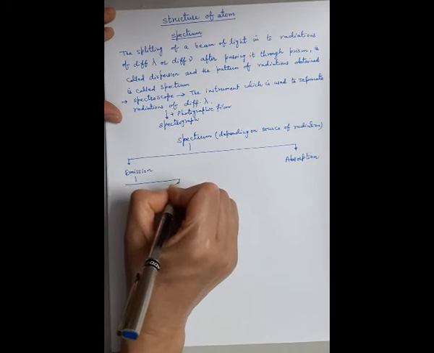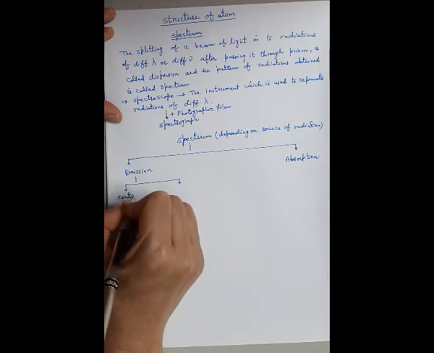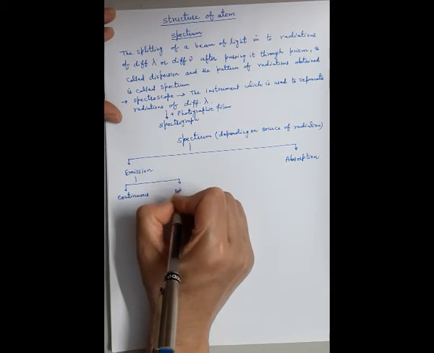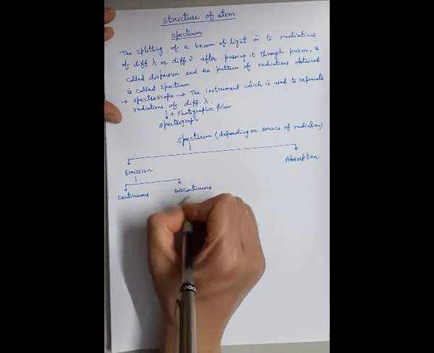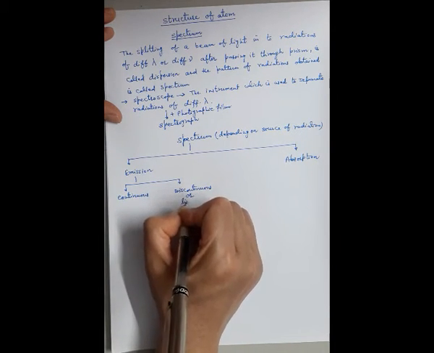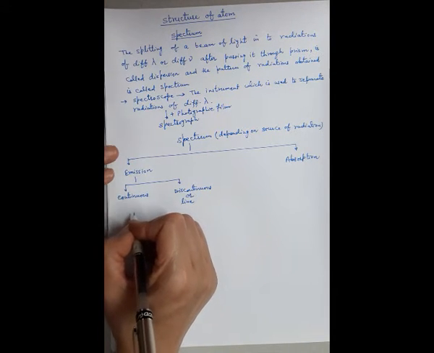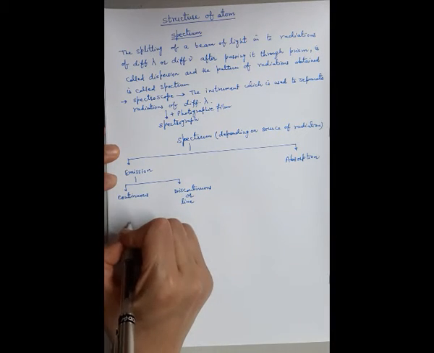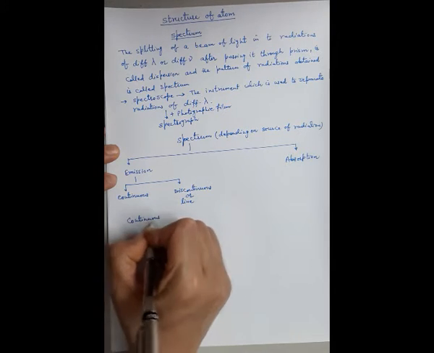Emission spectrum is further classified into continuous and discontinuous, which is also called line spectrum. First of all, we'll start with emission spectrum, and in emission, I'll start with continuous spectrum.